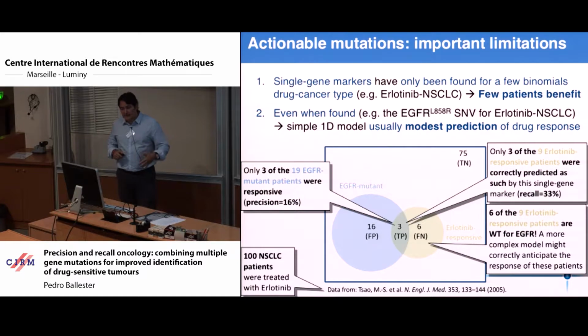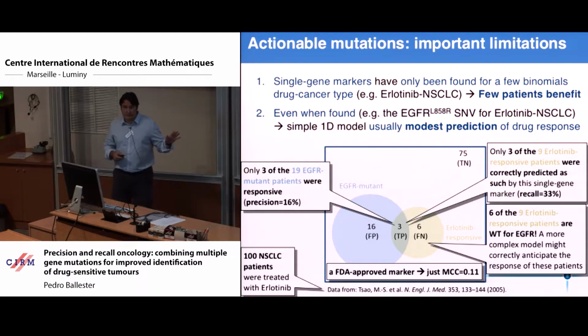The other 6 responsive patients were wild type for the marker, so they respond by some other mechanism. A more complex model might be able to capture this interaction between genes and provide a better model for these and other cases.